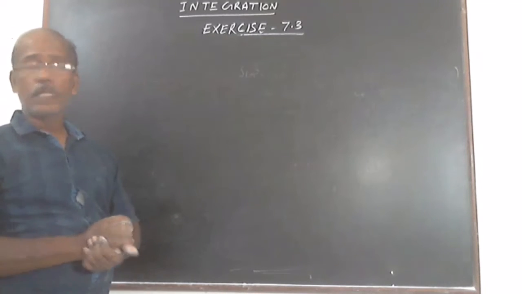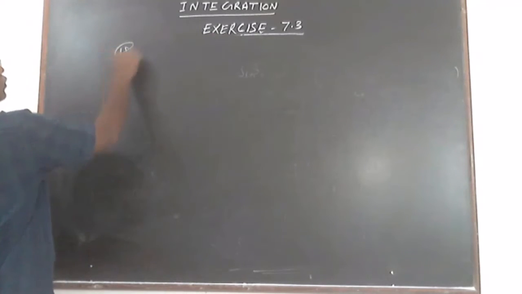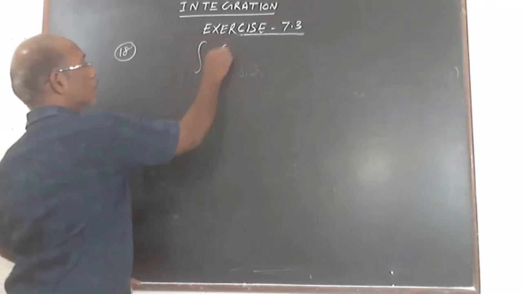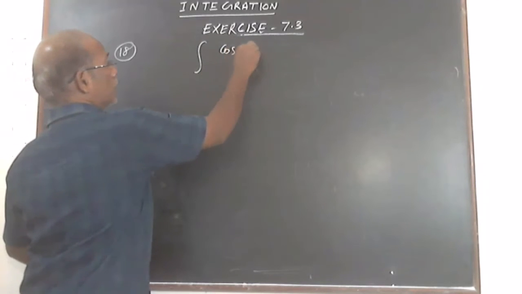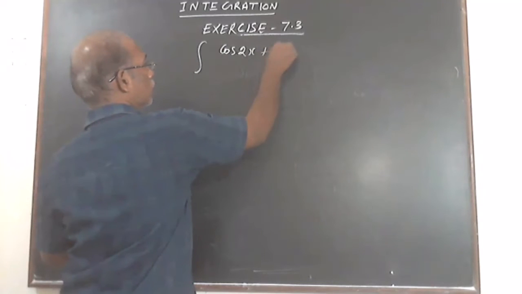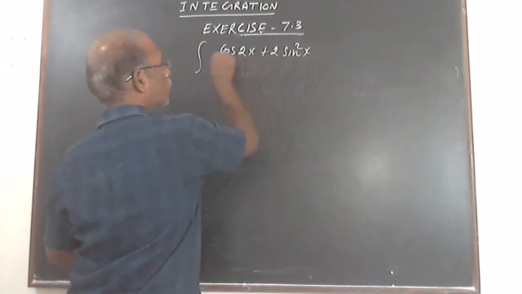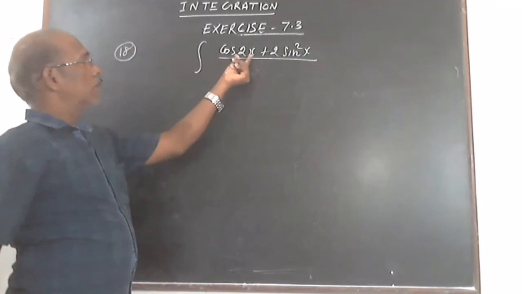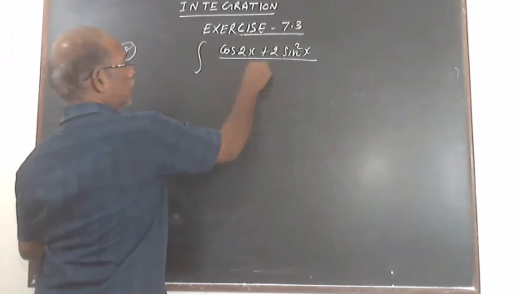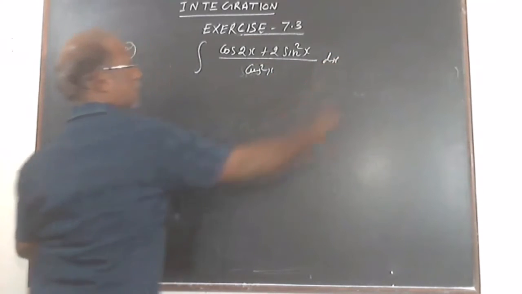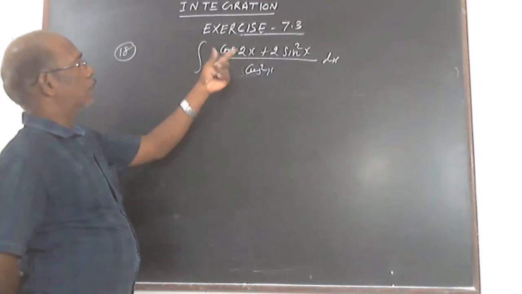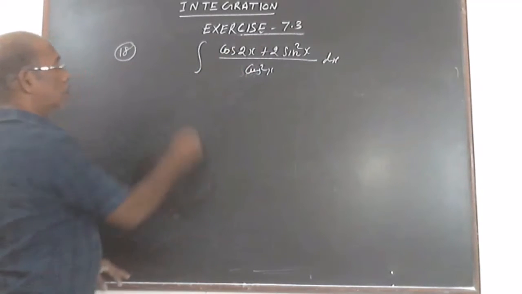Next, question number 18. Integral of cos 2x plus 2 sin square x, the denominator cos square x. Look at the angle. One is a multiple angle, the other one is a basic angle. It is a mixed form, so we can write the multiple angle in terms of the basic angle.